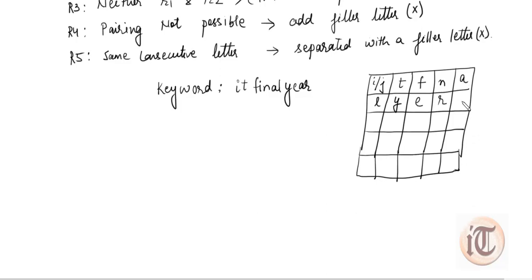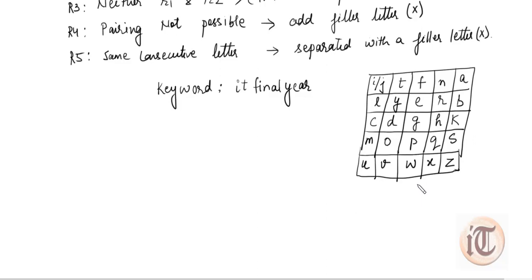A encountered, B is not encountered, so place it here, then C, then D, E already encountered, F already encountered, G, then H, I already encountered, then K, L already encountered, M, N already encountered, O, P, Q, R already encountered, then S, then T already encountered, U, V, W, X, Y already encountered, and then Z. So this is how we place the keyword into the 5x5 matrix in the Playfair cipher technique.